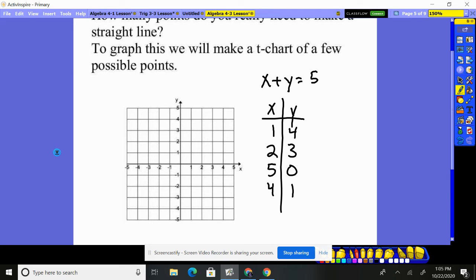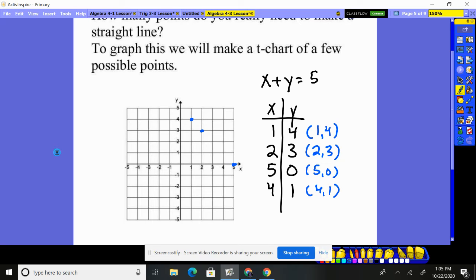Now we will just plot these as ordered pairs. The ordered pair 1, 4, the ordered pair 2, 3, and so forth. Let's plot them. Over 1, up 4. Over 2, up 3. Over 5, up none. Because remember, we always go over and then up or down, just like getting the Lucky Charms off the shelf at Walmart.